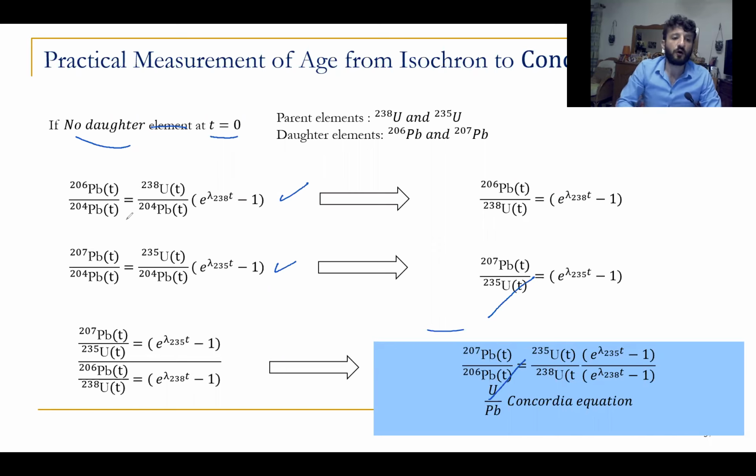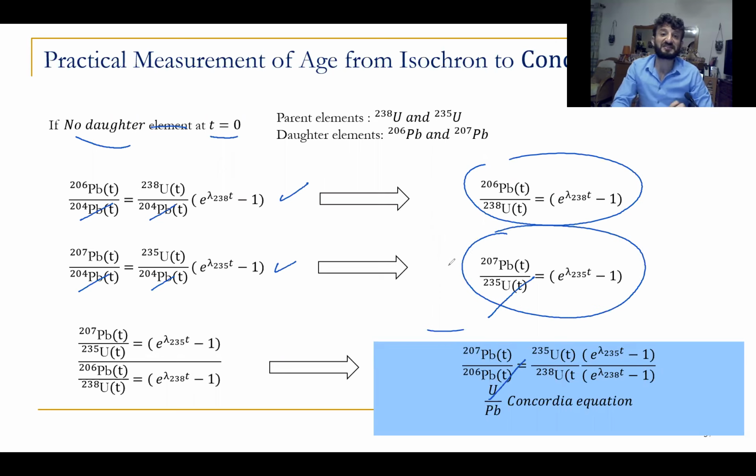Also we can eliminate this term with this term, also this one and this one. We get finally these two equations. It's the same equations as in the first case, okay?